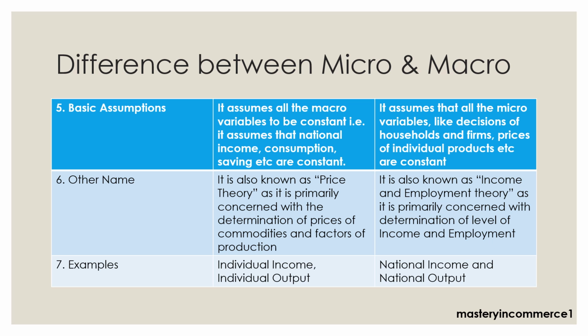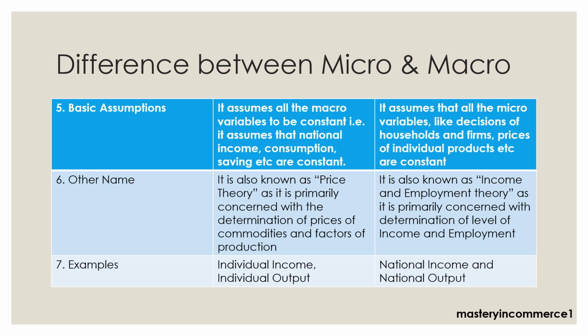Next point we have is the basic assumptions, means what do we assume when we start studying this theory. When we start studying micro, we assume that all the macro variables will be constant, because every time economists study an economy, they have to keep certain factors as assumptions in their mind.